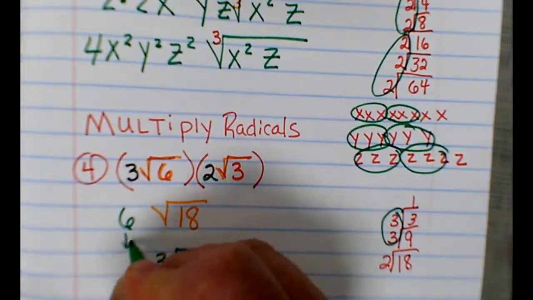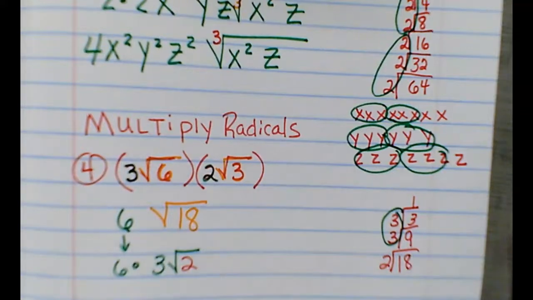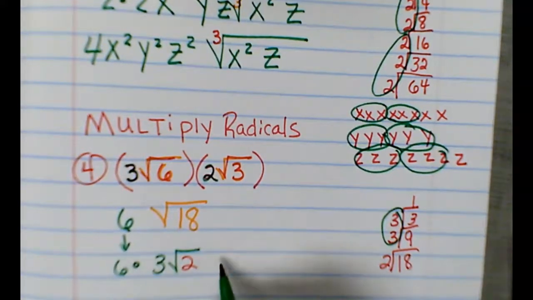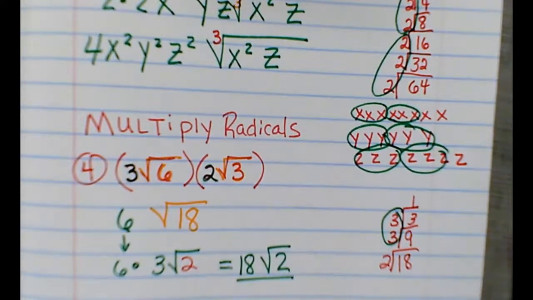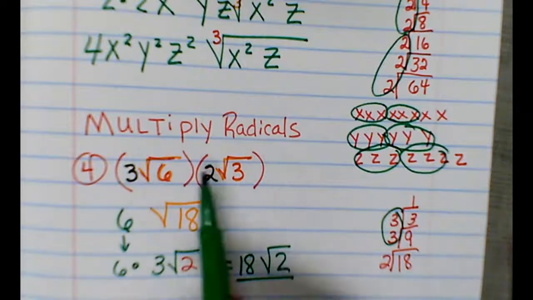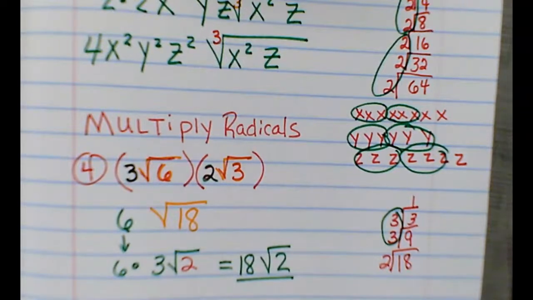And the 6 that was already out in front is still out in front. 6 times 3 is 18 square roots of 2. That's the simplified answer once you multiply these together. You multiply these together and then you simplify.